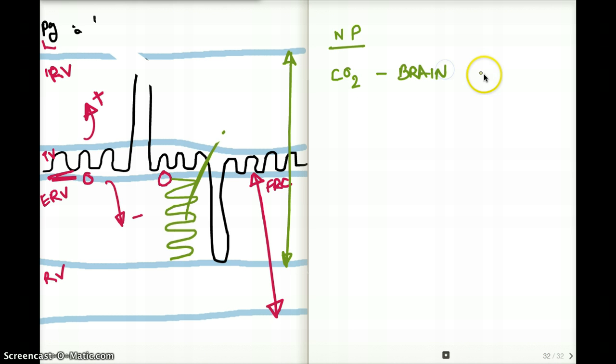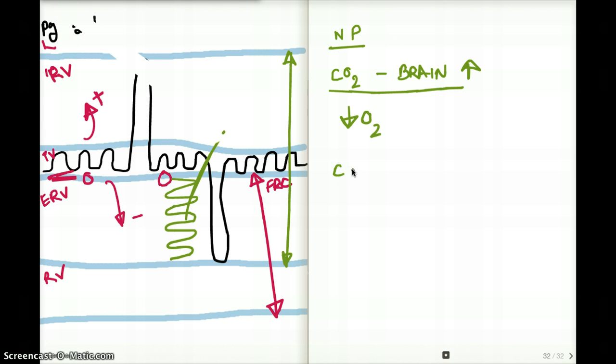Okay, so if our oxygen drops, then the carbon dioxide level is going to be increased, and this is going to stimulate our brain, and it will tell our brain to breathe more, because that's how the respiratory center gets stimulated. So this is in a normal patient.